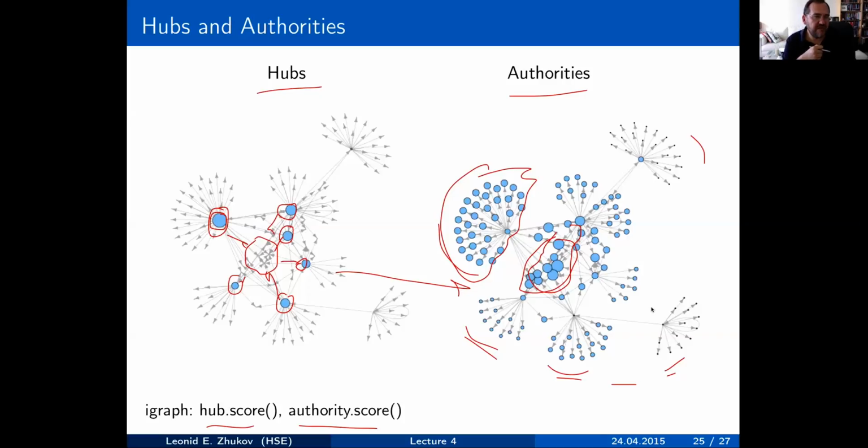But if your graph is relatively small, say 1,000 nodes, and for a lot of networks in social sciences, that's a pretty large size, hubs and authorities is a very cool algorithm to look at. And again, with iGraph, you just call hub score and authority score on your graph, and it just gives it to you.